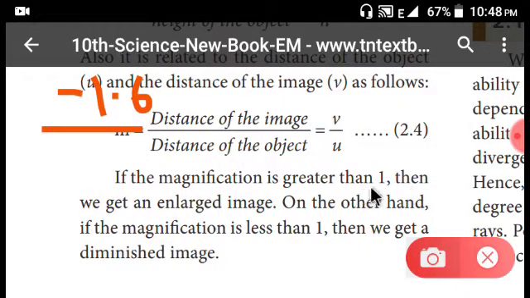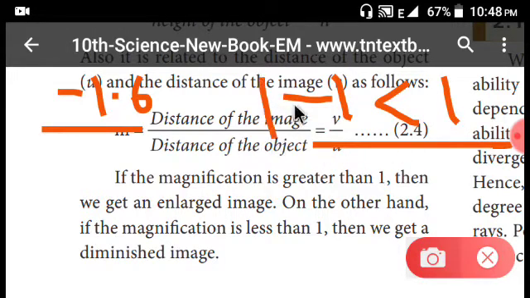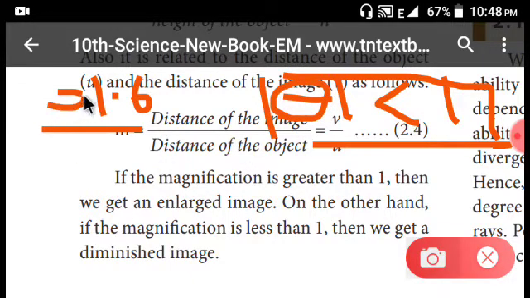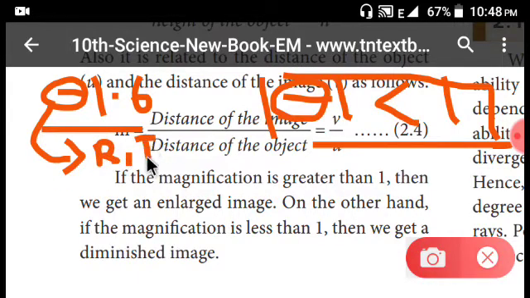Well, you can ask that minus 1.6 is always lesser than 1, right? This is according to mathematics. But here you won't be considering the minus symbol because this minus only indicates a real and inverted image, and what you need to see is this magnitude. Only you need to take the magnitude to understand this last paragraph.